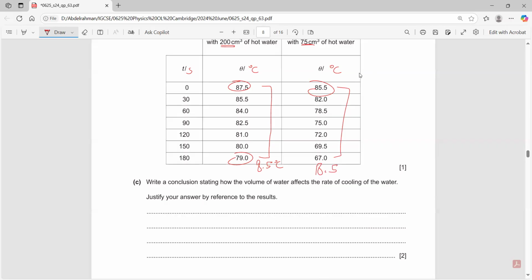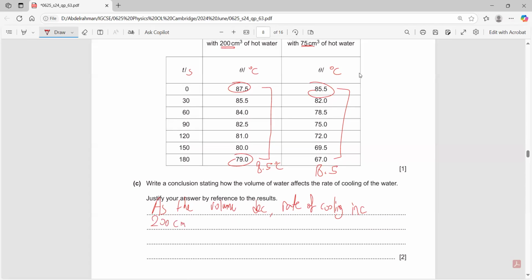So as the volume decreases, what happens to the rate of cooling? The rate of cooling increases as the volume decreases. And then you need to write down the numbers.